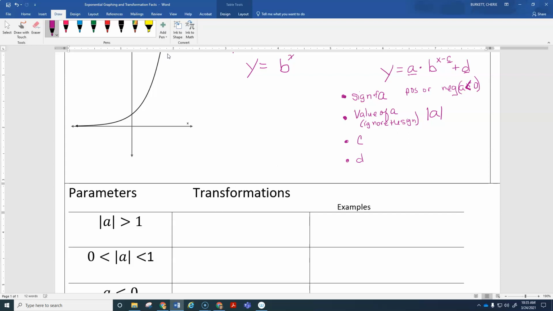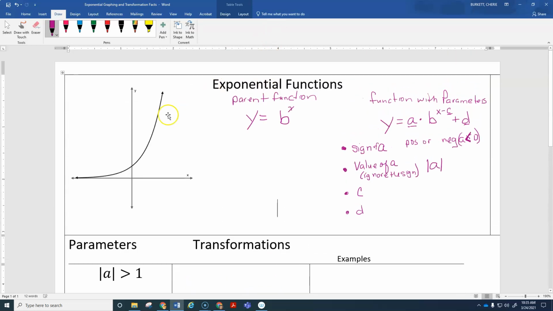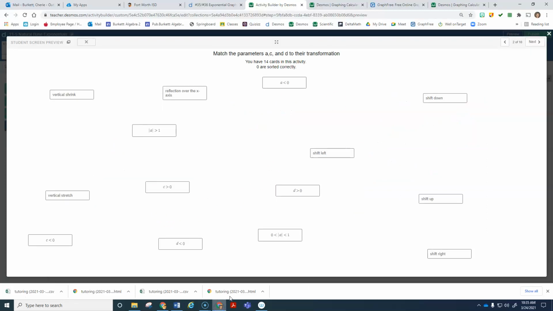If it's a negative number, then we know that that causes a reflection over the x-axis. So we know that it's going to cause it to flip down, and I can demonstrate that now.